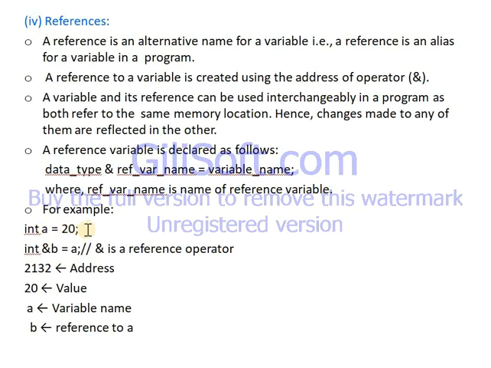Integer a is equal to 20. Next, by using address of operator, we give the reference to another variable b. See an example. Where a is a variable name and b references a variable.